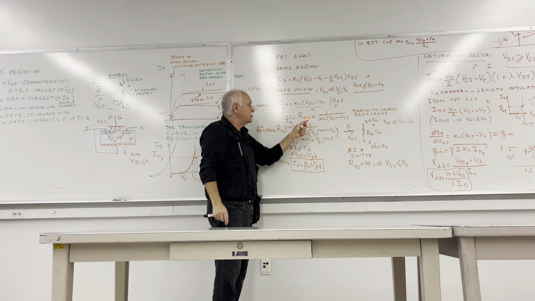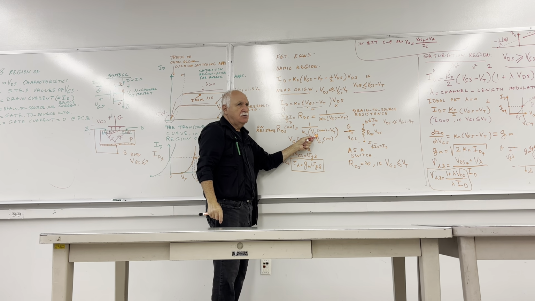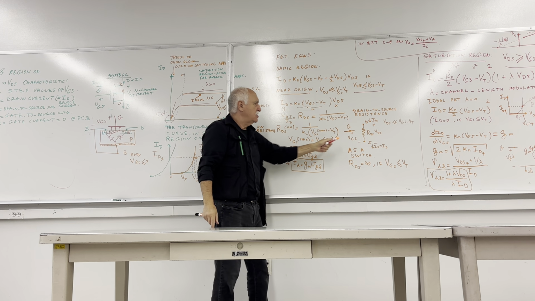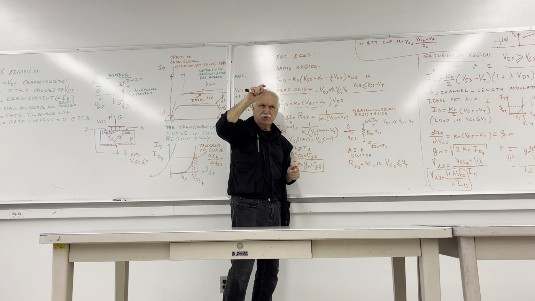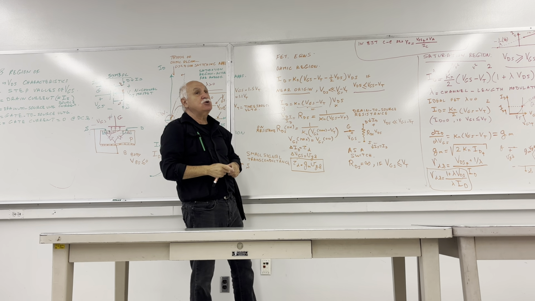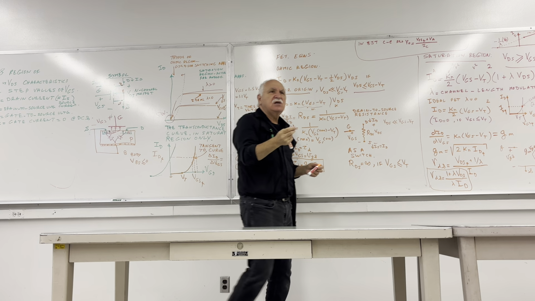You put the highest possible gate to source voltage just before transistor breaks down, you get lowest possible RDS. Shortest distance, shortest resistance between the drain and the source, and that can be really short, like few tens of milliohm.